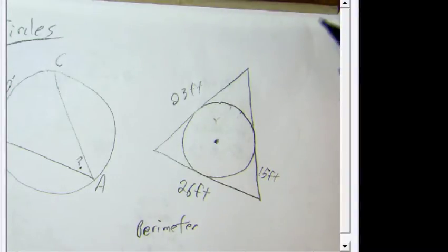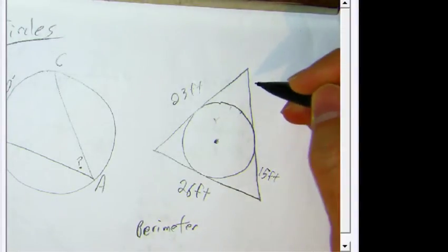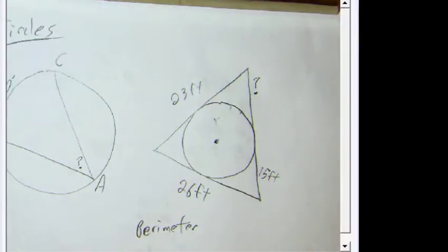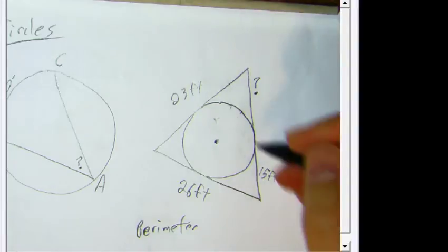So to get the perimeter, we're going to need to know what this missing side is here, because perimeter is going to be all of the sides added together. So for this one, this is 15.